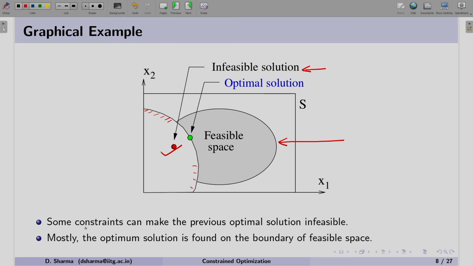So that is why some constraint in the problem can make our previous optimum solution infeasible. In such a scenario, most of the time we find that the optimal solution generally lies on the boundary of this feasible space.